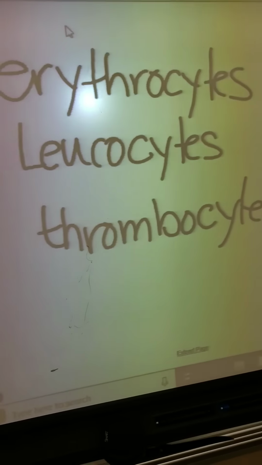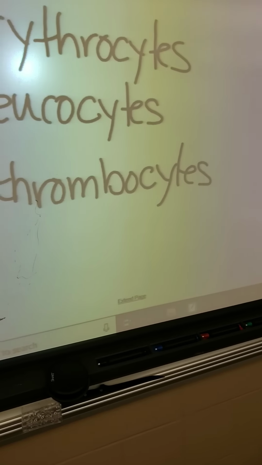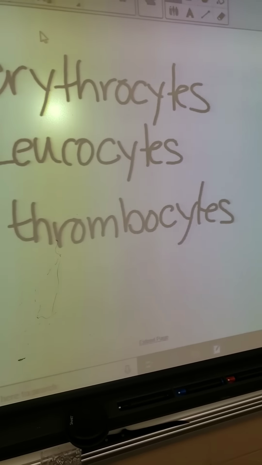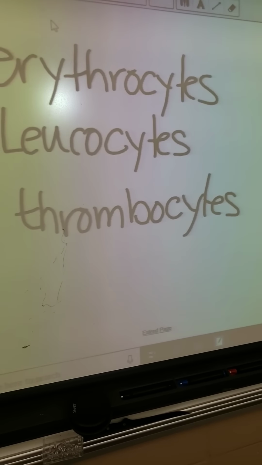Your erythrocytes are what's known as your red blood cells. Erythrocytes are RBCs, red blood cells.